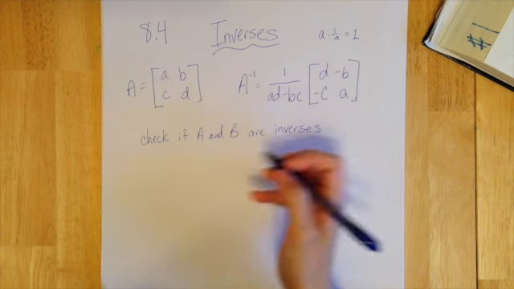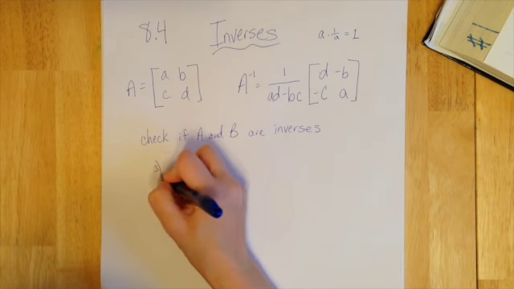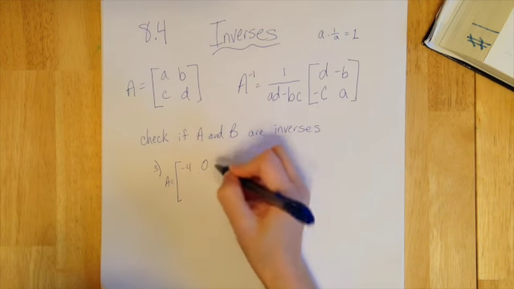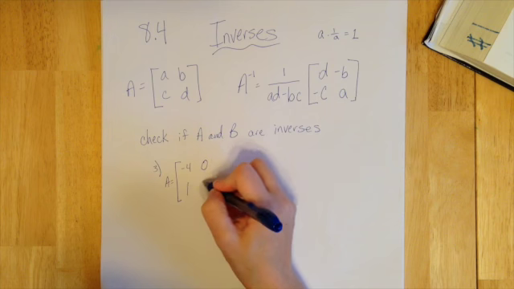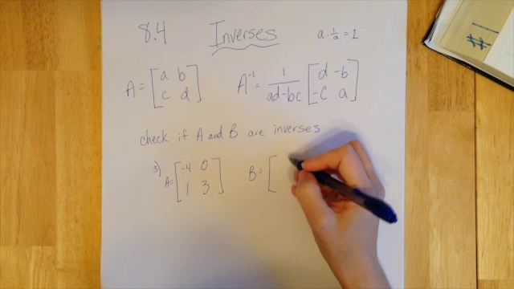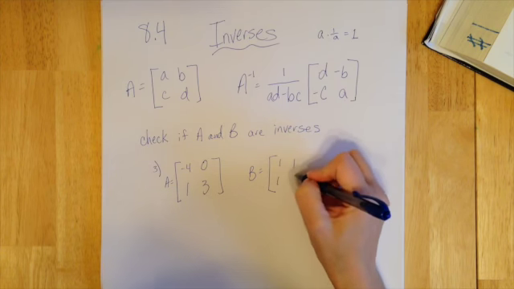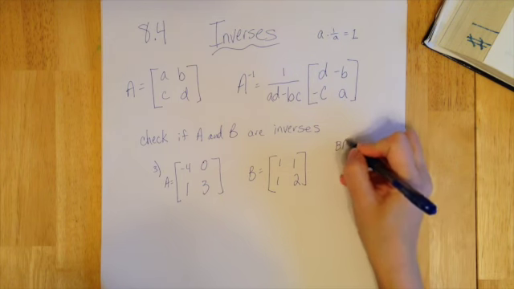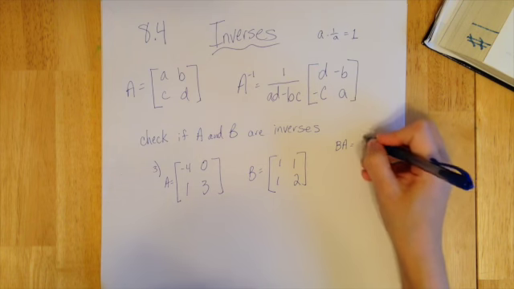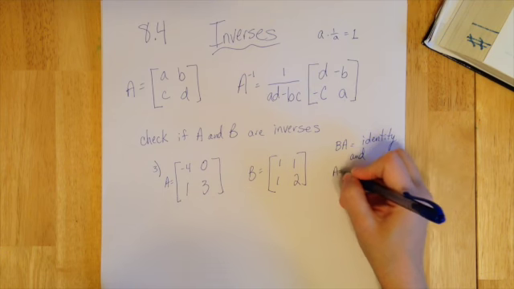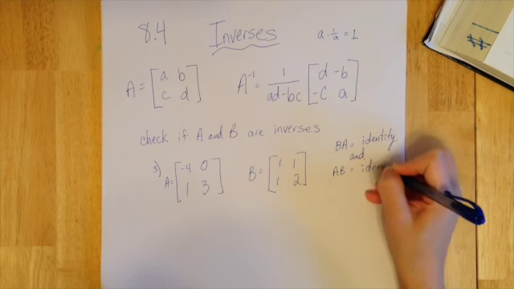We're going to use problem number 3, which says A is negative 4, 0, 1, 3, and B is 1, 1, 1, 2. To check, we need to know if B times A is equal to the identity and AB is the identity.